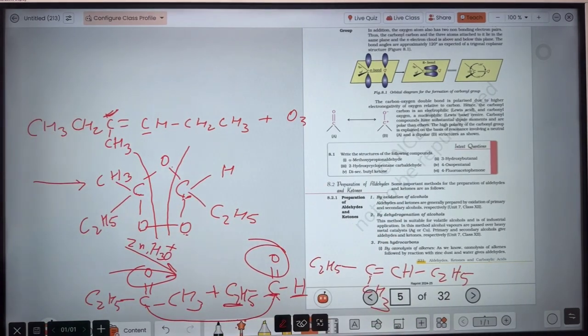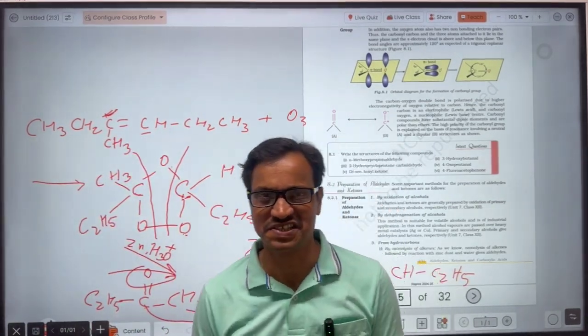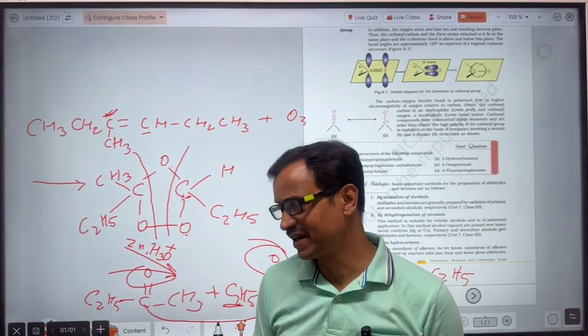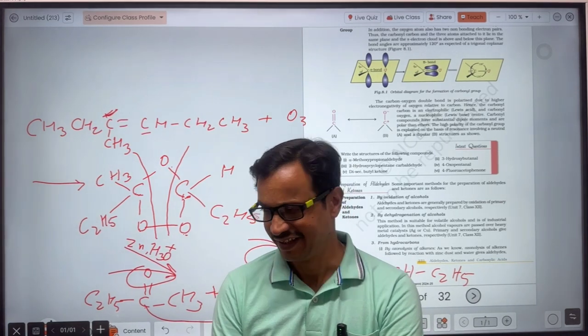This compound is the same as this compound. So it verifies that by ozonolysis we can predict the position of the double bond in an alkene.